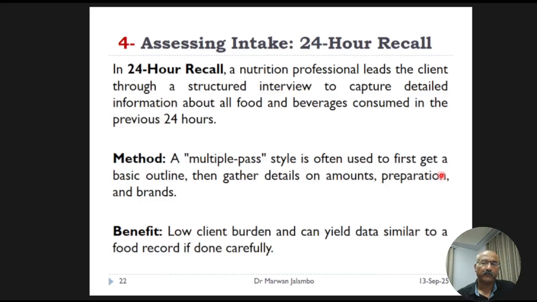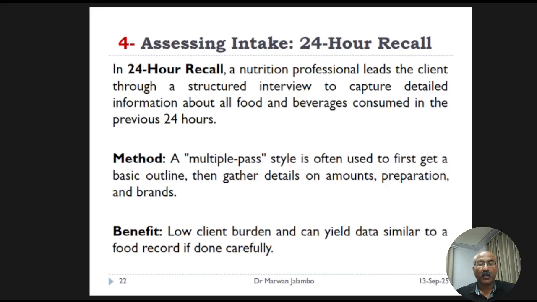To improve the accuracy and help the client's memory, we often use the multiple pass method. On the first pass, we just get a quick list of what they ate. On the second pass, we go back through that list and ask for details, preparation method, brand names, portion size, and even what they were doing at the time.